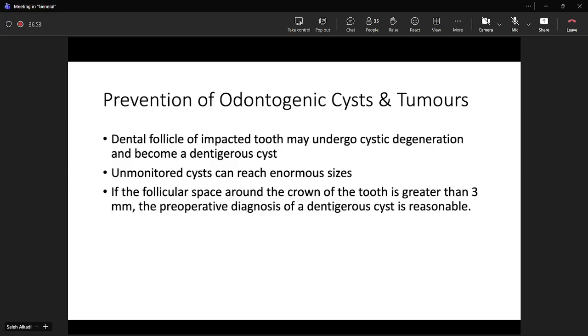And if this cyst lives for a very long time, it may reach enormous size and weaken the bone of the mandible. So if you look at the radiograph and you see the follicular space around the crown greater than 3 millimeters, then you need to consider the diagnosis of dentigerous cyst here.